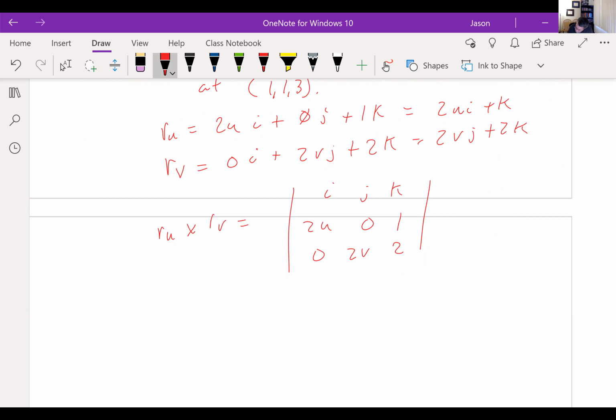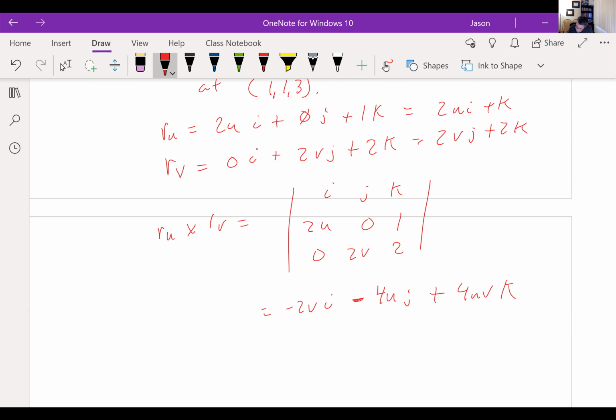This is going to be equal to minus 2v i, minus 4u j, plus 4uv k.